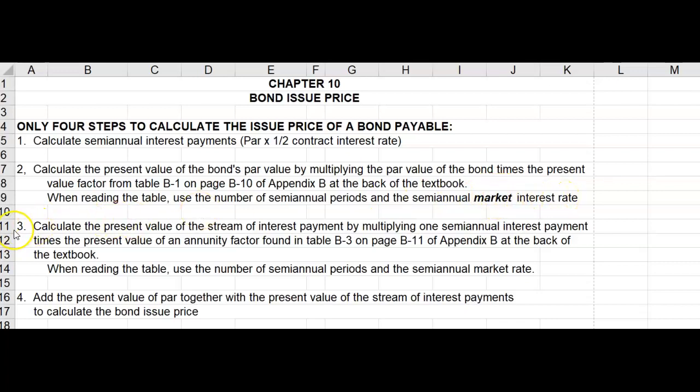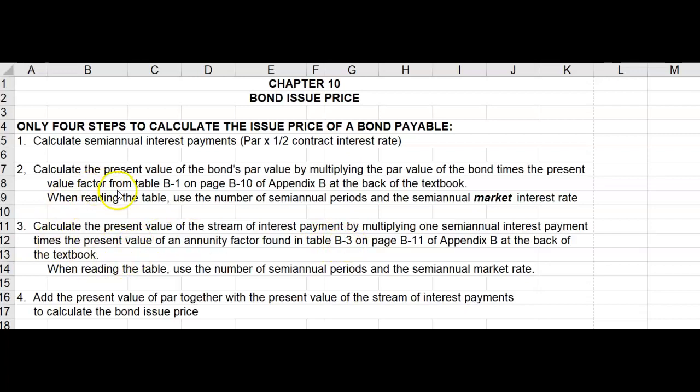Step 3, calculate the present value of the stream of interest payments by multiplying 1 semi-annual interest payment times the present value of an annuity factor found in table B3 at the back of the textbook.